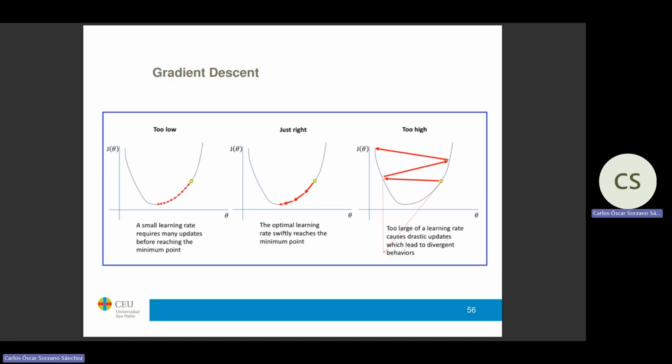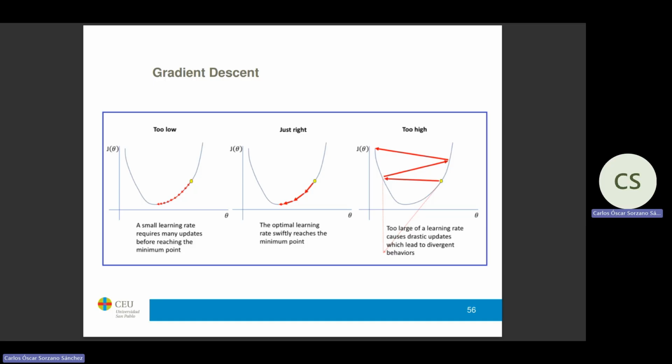What if my learning rate, my step size, is too large or too small? If it is too small, then you will move very slowly. You will have to compute many gradients, and maybe you reach this point after 1,000 iterations. And what if I make it too large? I approximate this by a line, and then I move a lot along that line.